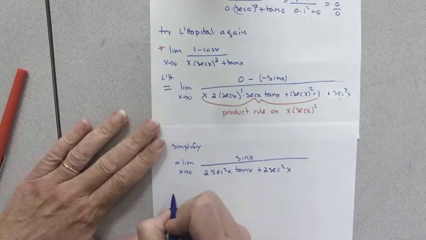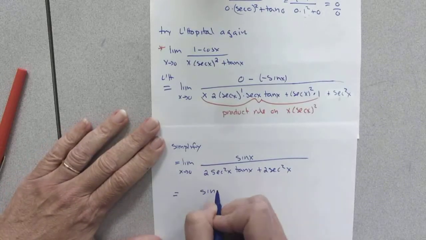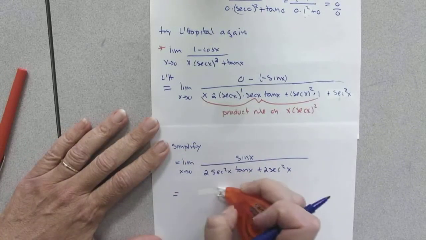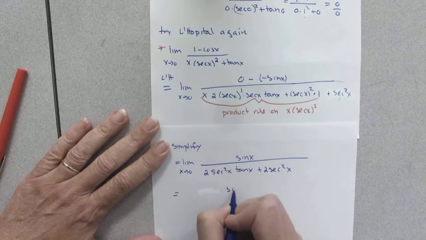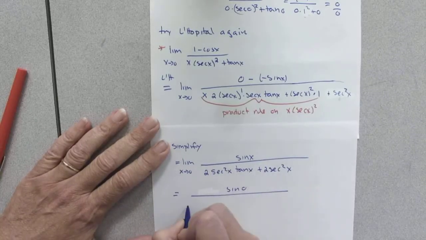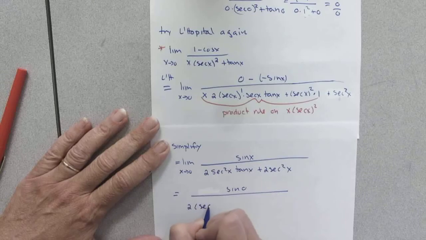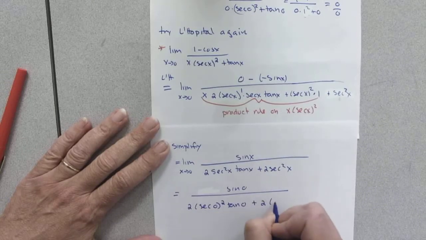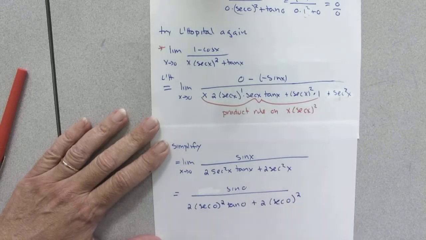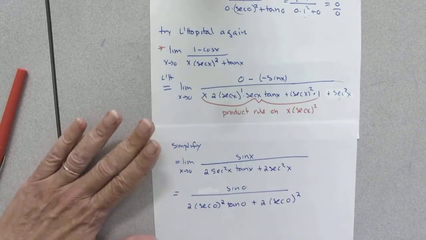Now I try substitution again, so that's going to be sine of 0 over 2 times secant of 0 squared tangent of 0 plus 2 times secant of 0 squared. And we just see what we got.